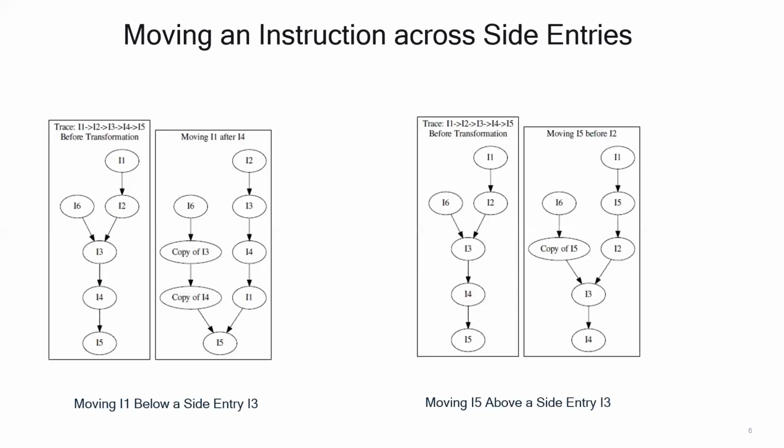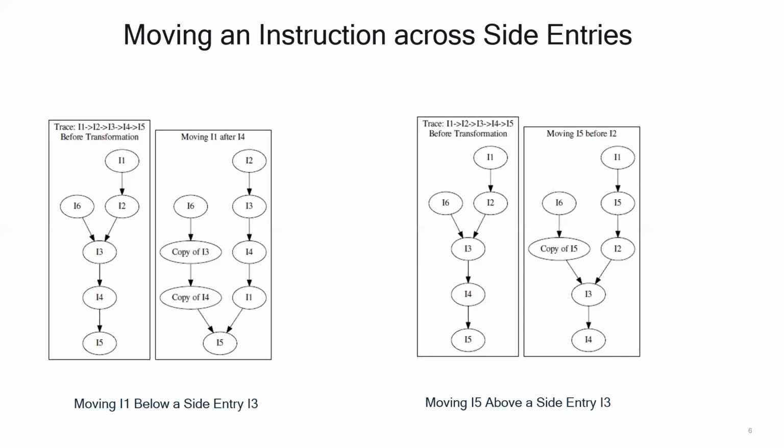But if the basic block size is very small, we don't have enough instructions to move around to hide these latencies. So the whole exercise here is to increase the trace length, the basic block length, so that we get more opportunities for moving instructions around and thereby hide the latency.